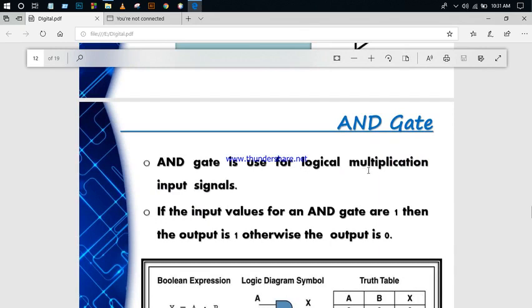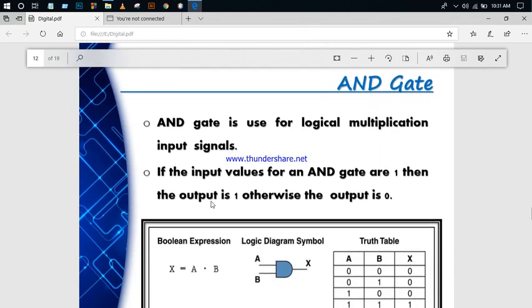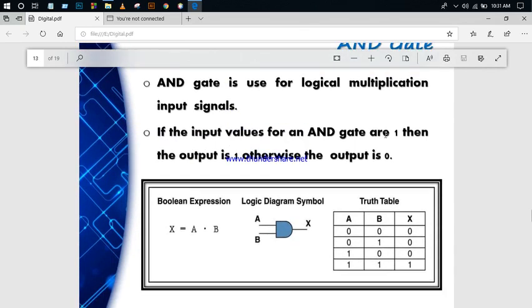So, the AND gate. The AND gate is used for logical multiplication of input signals. If all the input values for an AND gate are 1, then the output is 1, otherwise the output is 0. The Boolean expression is A dot B, which you can call A into B. Logical diagram: two inputs and one output.